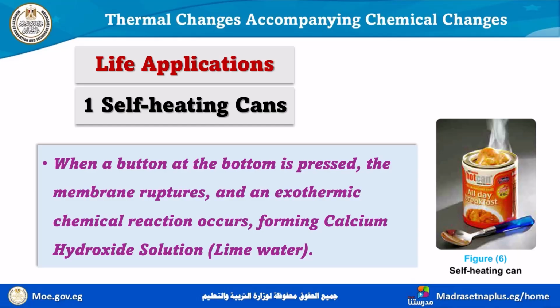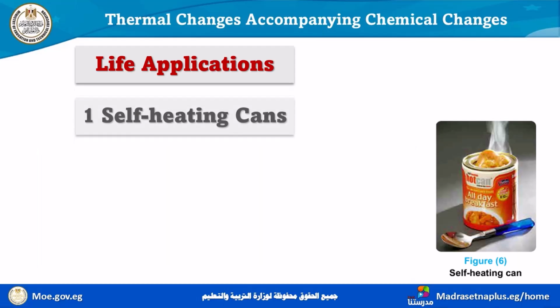So when we activate the can by pushing a button on the bottom of the can, a seal breaks between the water and calcium oxide. They mix together, and the reaction takes place, forming the calcium hydroxide.